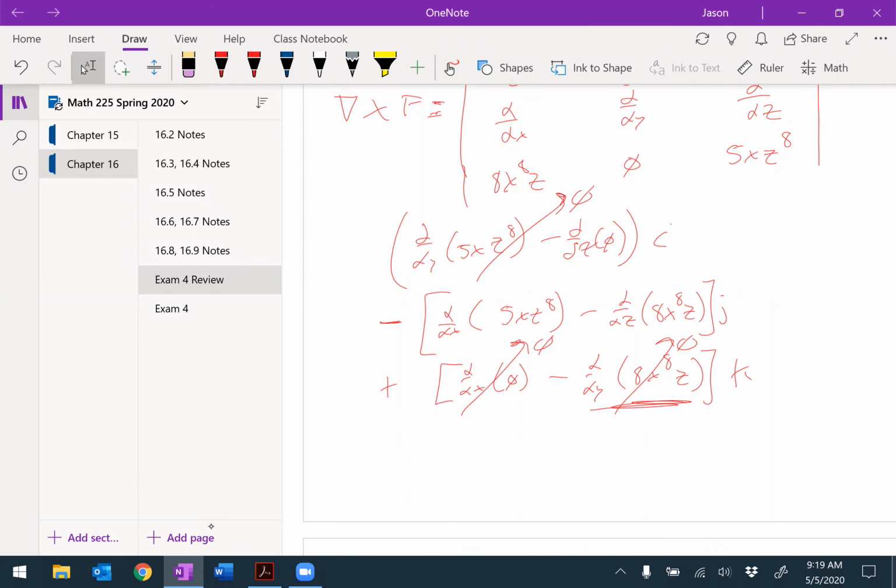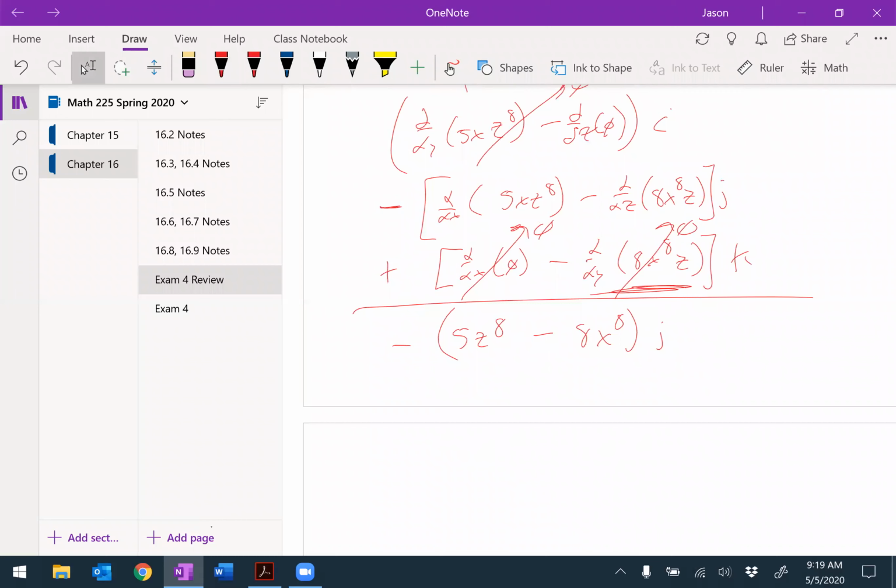So this is going to be minus the derivative with respect to x, that's 5z to the 8th, minus the derivative with respect to z, that's 8x to the 8th, in the j component. I'm just going to distribute that negative sign, and it becomes 8x to the 8th minus 5z to the 8th j. That's it. That's the curl of f.